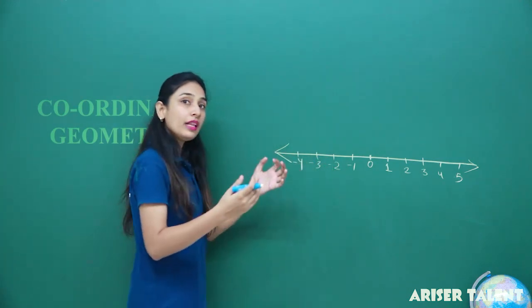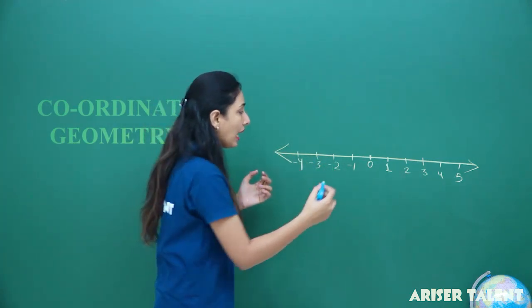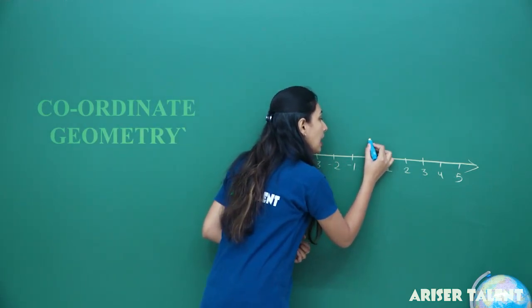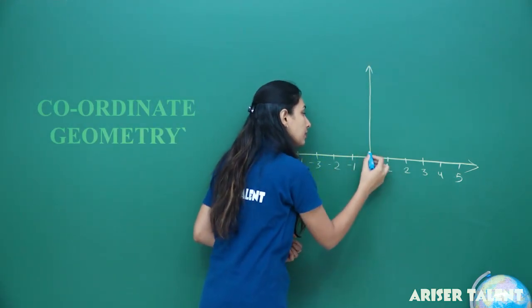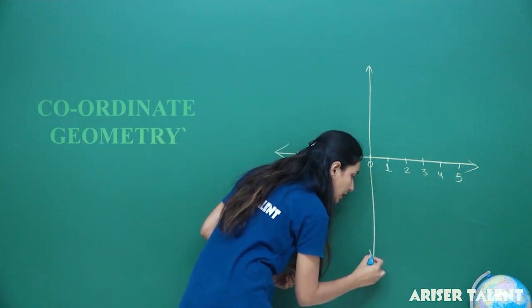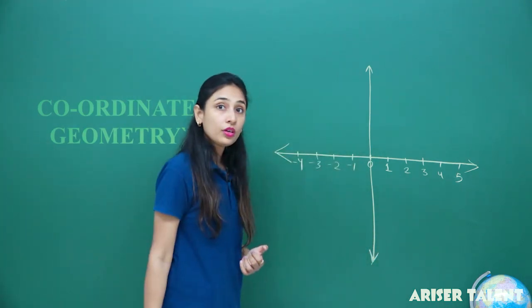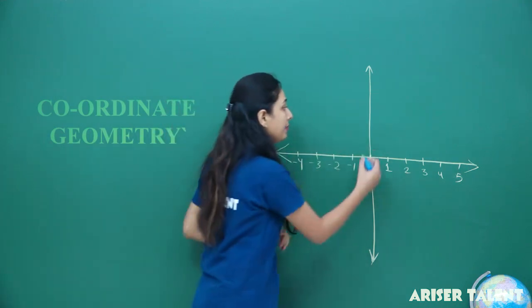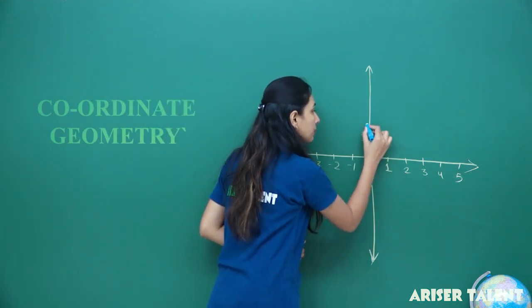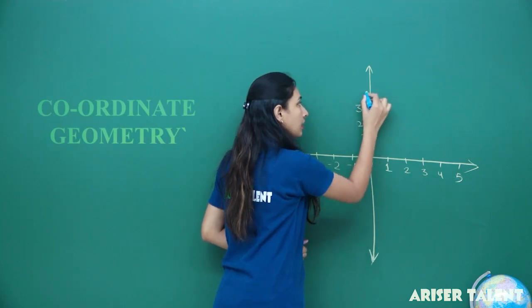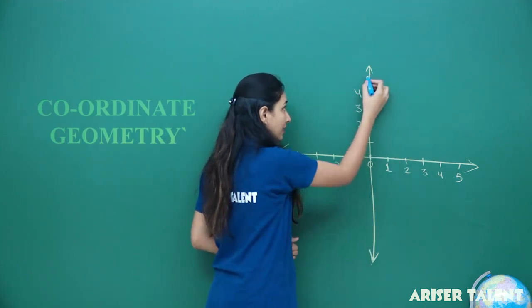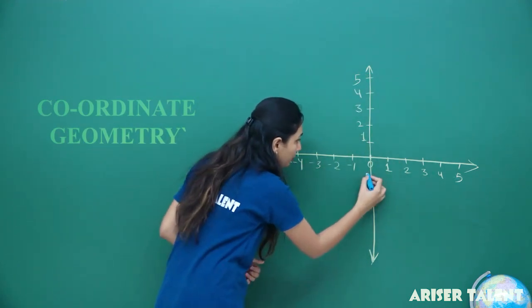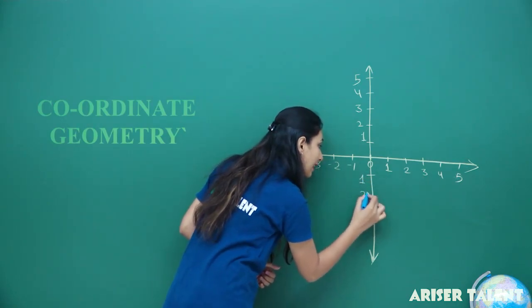Now what will I do? I'll create a perpendicular to it. It's something like you see on the graph. On this again, I'll have the positives and the negatives, and life is all about positives and negatives, students, right?